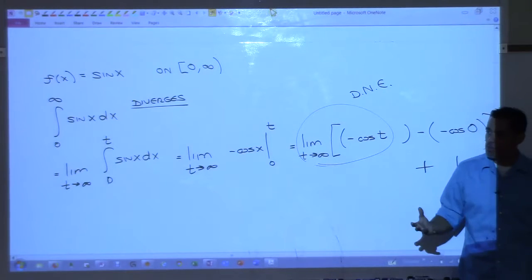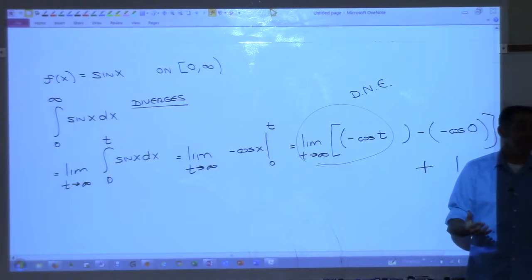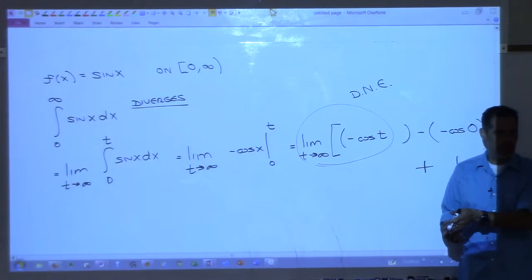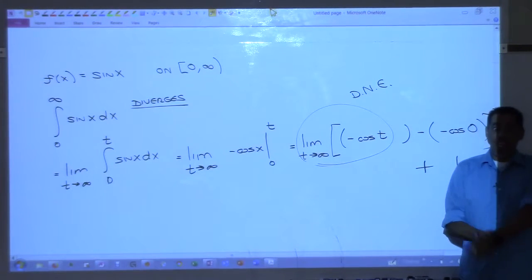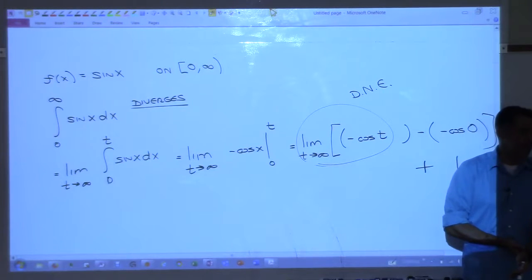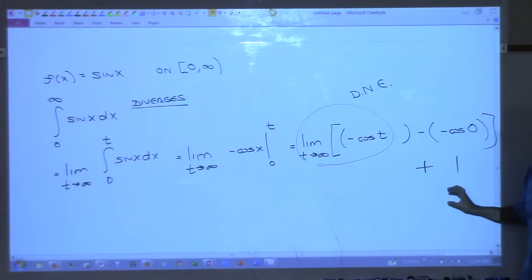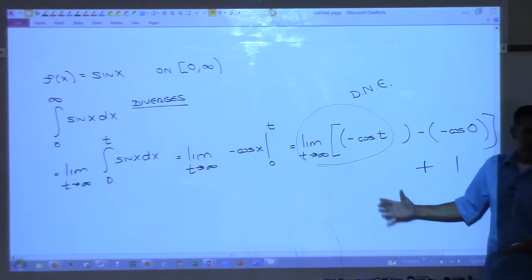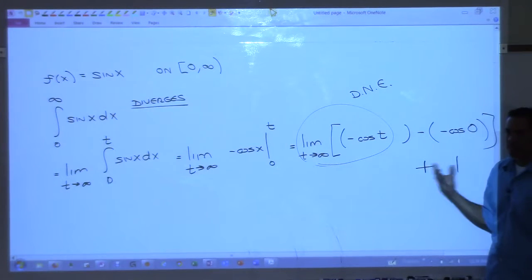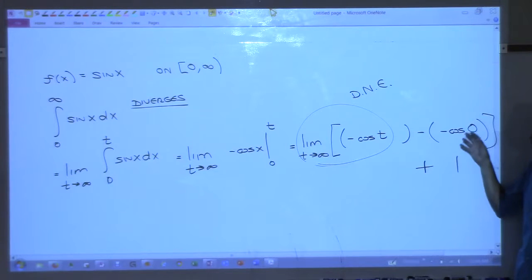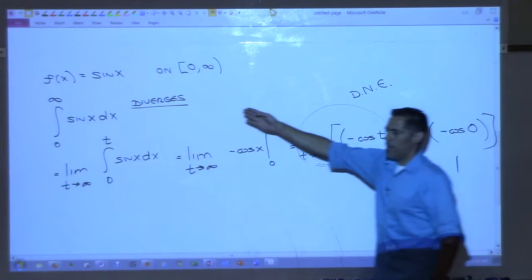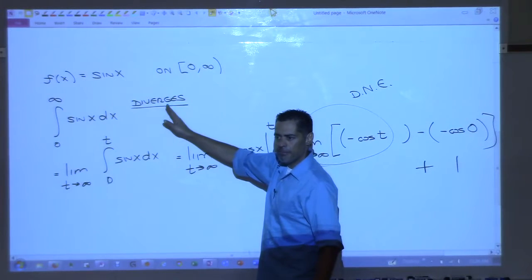That is not what we're saying. Divergence means not convergence. If it does anything other than converging, it's diverging. In order for it to converge, this would have had to have gone to a number, and then we get a final answer, 4, or whatever it is. If it does anything other than that, it goes to infinity, or the limit doesn't exist, anything weird like that, it diverges. Okay?